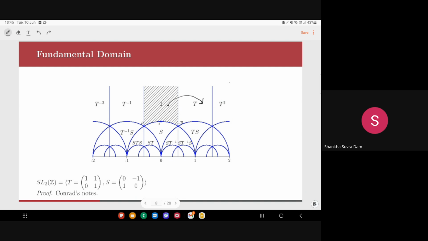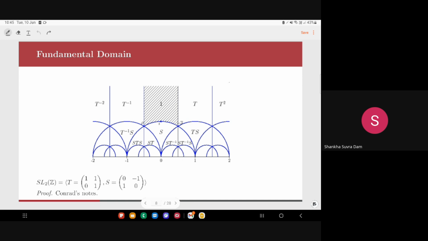And S would take an element in here to an element in here. So these sections of the upper half plane tell you what the images of the fundamental domain are under T and S. And to see this proof, there are two ways that Keith Conrad does it in his notes.